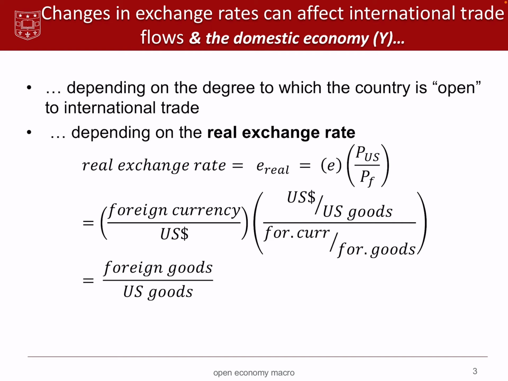And what we said is that, other things equal, if the dollar appreciates relative to another country's currency, then that should reduce US net exports and potentially reduce the level of gross domestic product. And so what we were left with was this sort of cryptic slide that says, well, yes, but it depends on the real exchange rate.